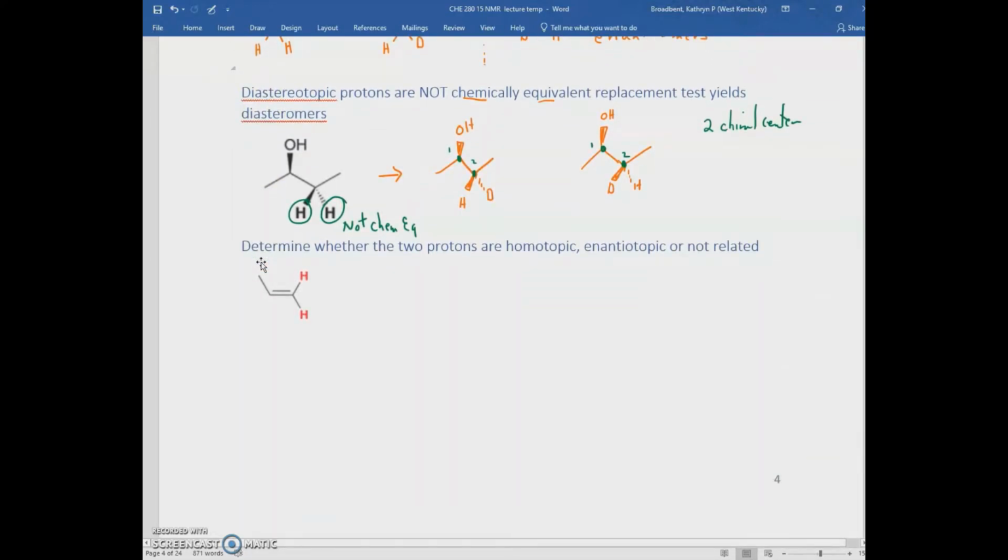So let's look at this guy and see if we can determine if he is homotopic, enantiotopic, or not related. So if we take him and we rotate it, we get something that looks like this. So that's not the same.